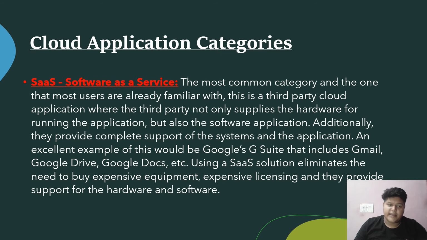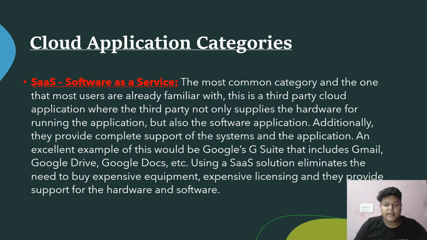Cloud application categories. Software as a service. The most common category and one that most users are already familiar with. This is a third-party cloud application where the third party not only supplies the hardware for running the application but also the software application.